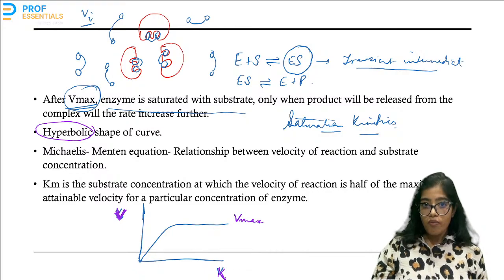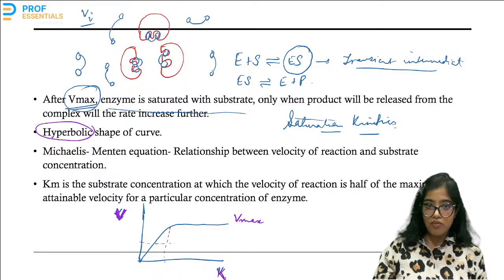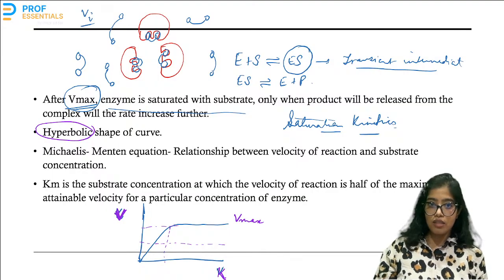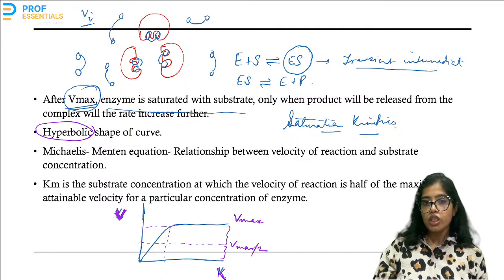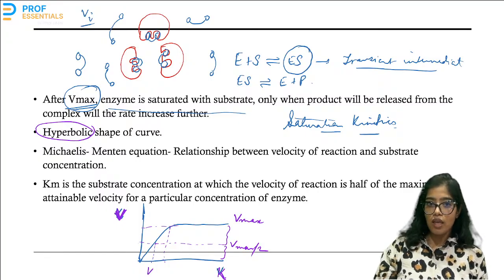Now, if you halve this velocity, what is the half? Suppose this was the Vmax here. The half of Vmax here is Vmax by 2. So the concentration of the substrates at Vmax by 2 is Km.